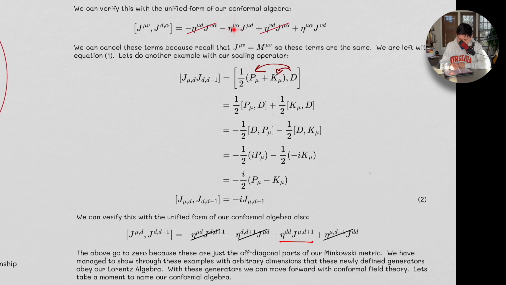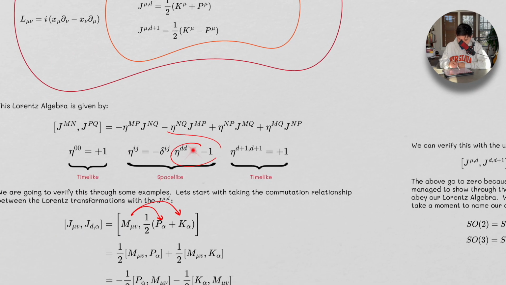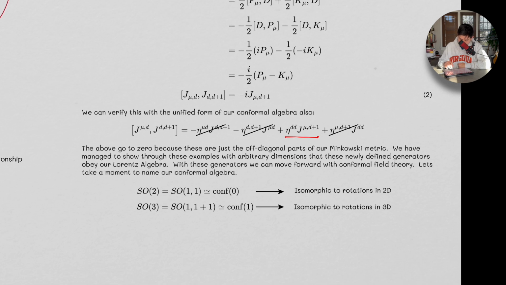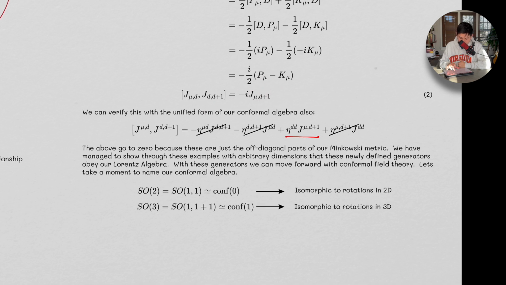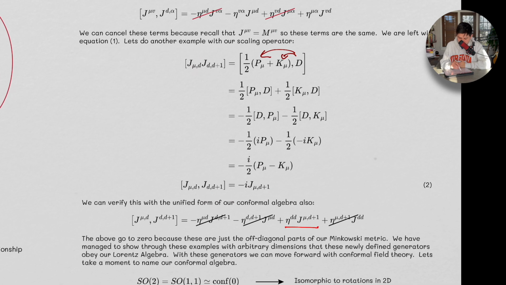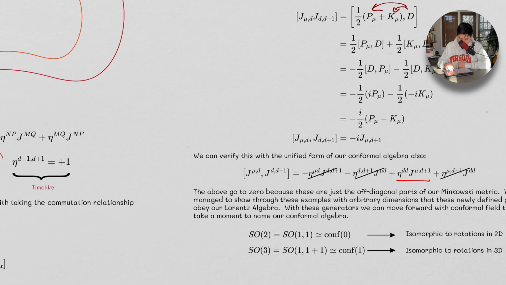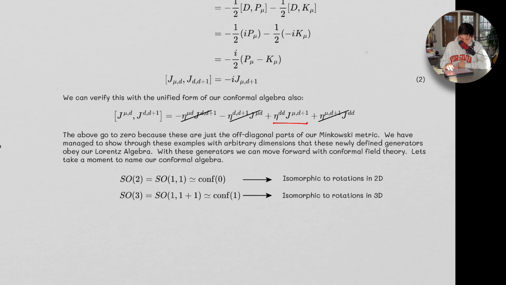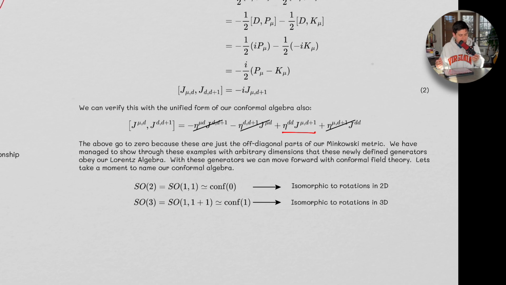And also these signs change, right? That's why we got this guy up here. Anyways. All right, so we have verified this guy now with our conformal algebra. So we can see that when we plug these in and we do the chug in here, we can actually confirm it with this here. So that's really just how you can verify this conformal algebra.